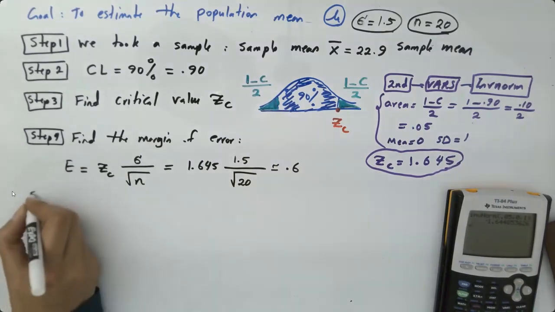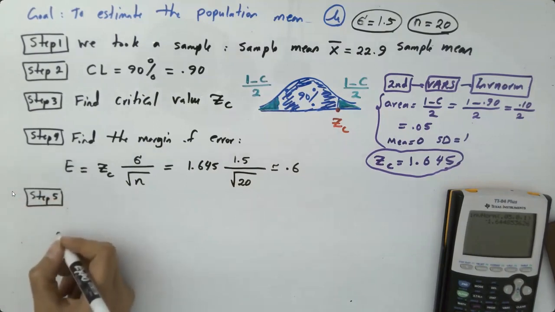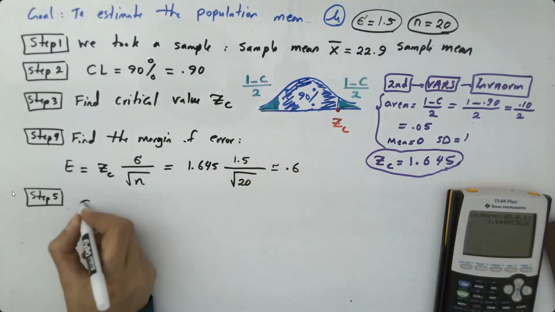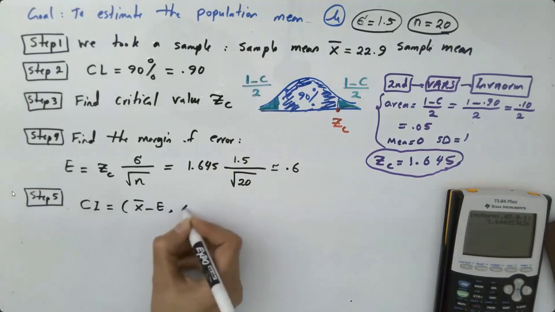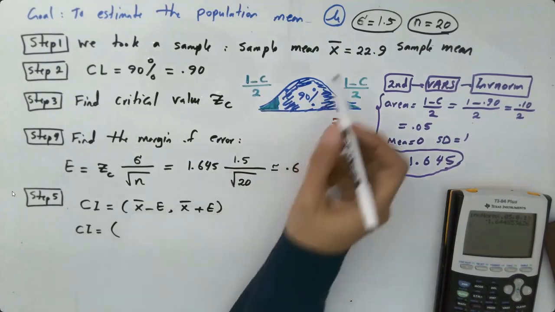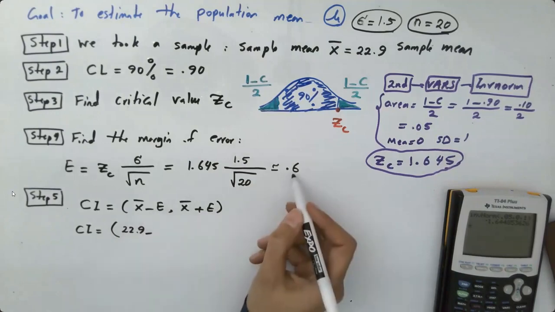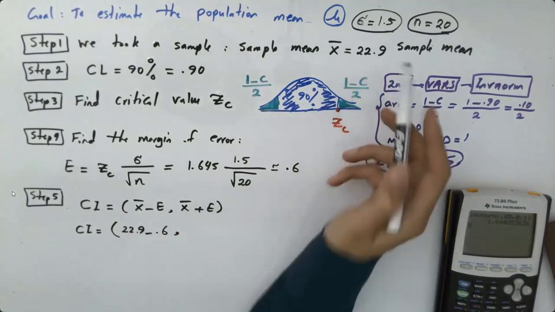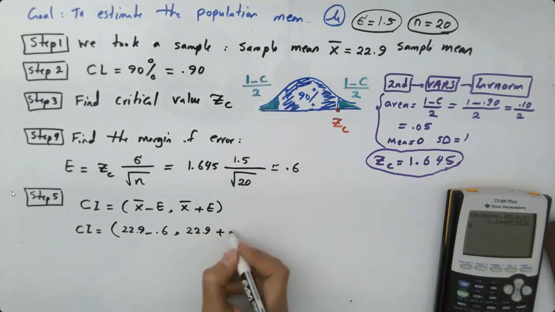Now go to the last step. This is the step that you're going to present to your boss. You're the statistician, this is your project. The final step says the confidence interval is x bar minus E, comma, x bar plus E. So my confidence interval is x bar, 22.9, minus the margin of error we calculated, 0.6, comma, x bar, 22.9, plus the margin of error we computed here, 0.6.